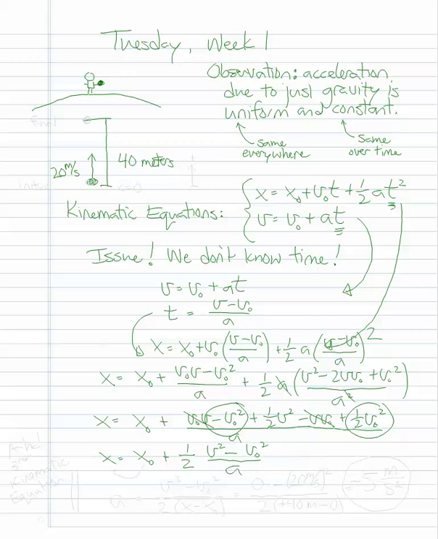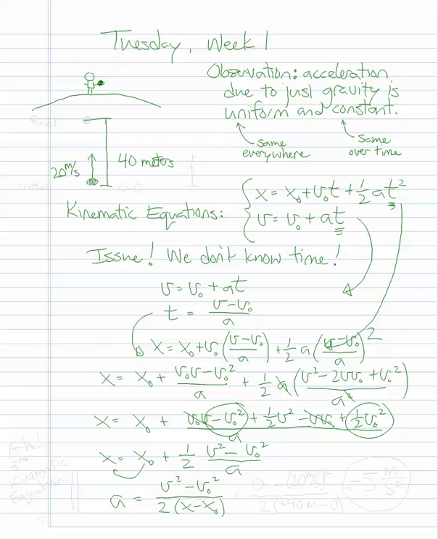And so if she wants to find a, what she's going to do is solve for a. I'm going to just do this algebra here myself. Let's see if I can do it in my head. So I'll bring the x naught over here, and then I will multiply by 2. Okay, so I get a equals v squared minus v naught squared all over 2 times x minus x naught.